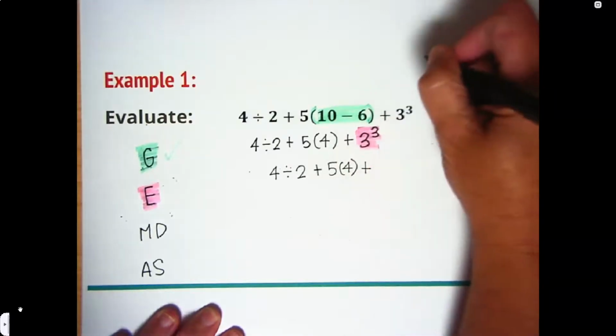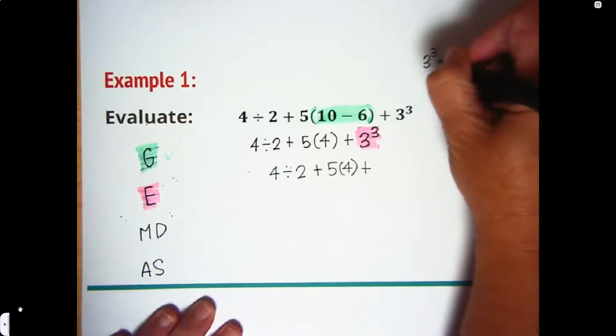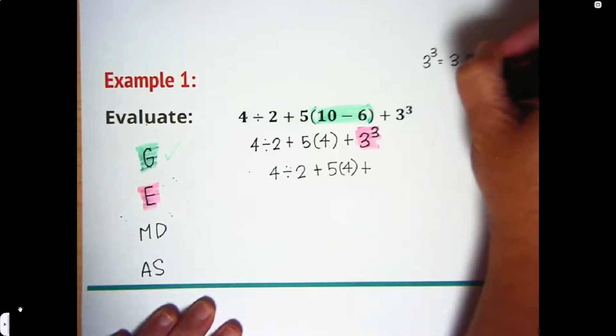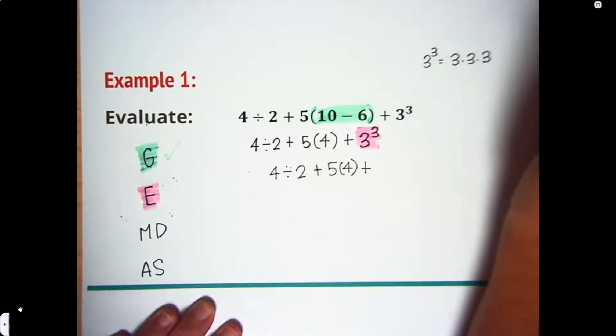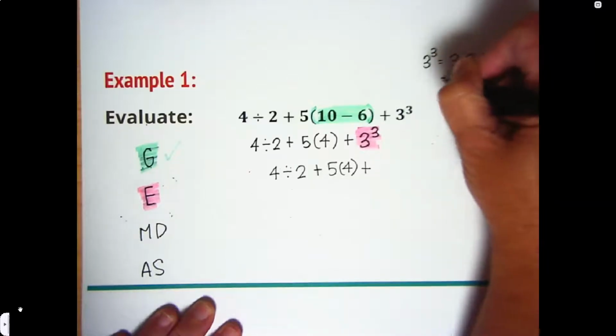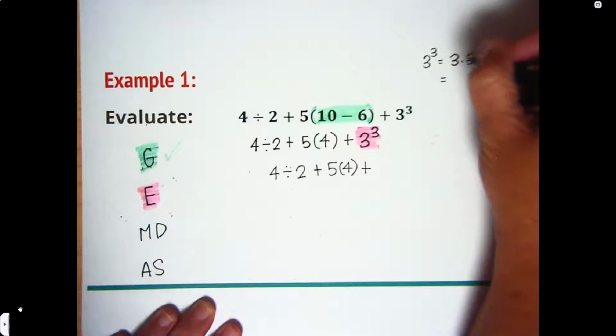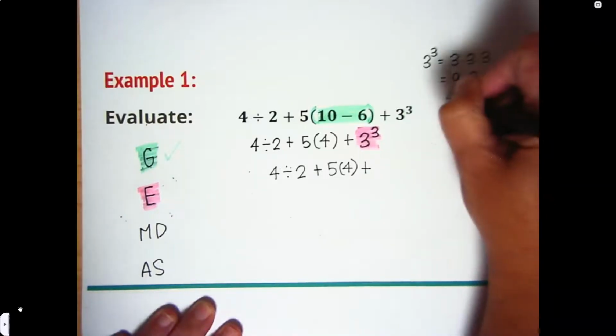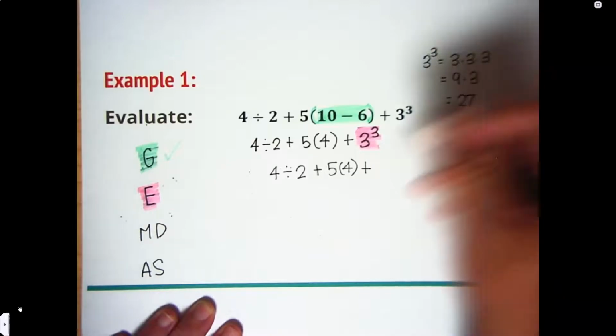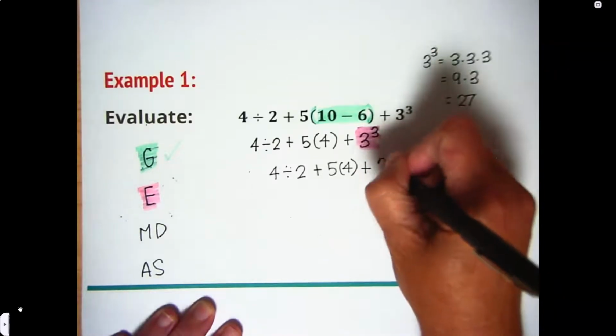Now you all will remember that 3 to the third power means we want to do 3 times 3 times 3. The first two, 3 times 3 makes 9, and then 9 times 3 makes 27. So I'm going to replace 3 to the third power with 27.